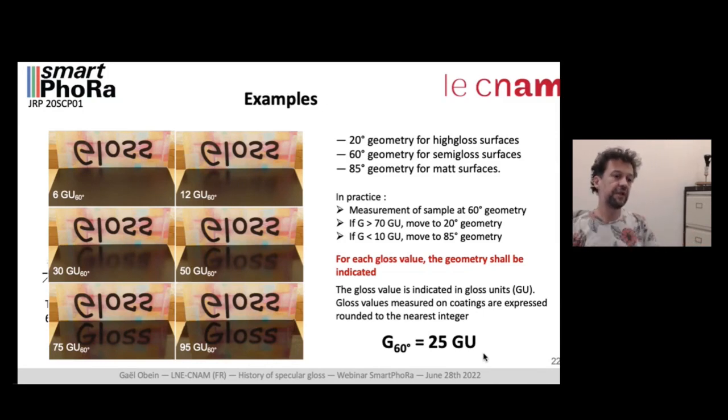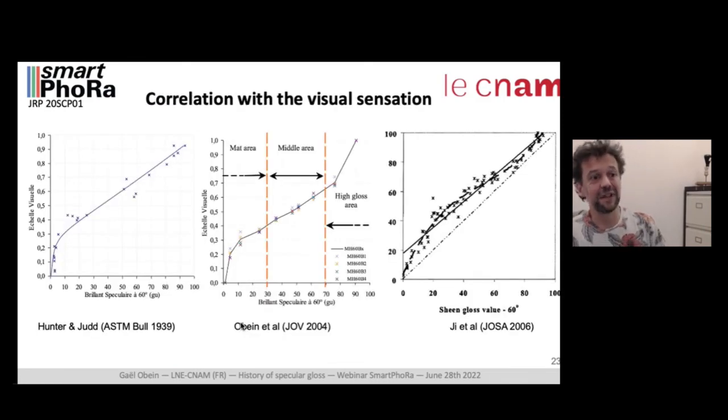And you see that it's pretty convincing. If you have a low gloss value, it's a matte sample. If you have a high gloss value, it looks glossy. So we can say that this thing works. In fact, the correlation between the gloss and the visual sensation is quite good. There have been several studies, and they all give the same thing.